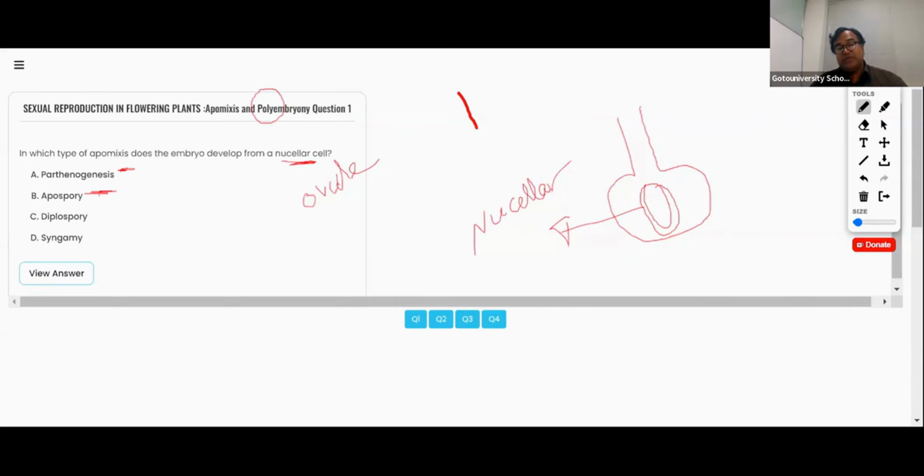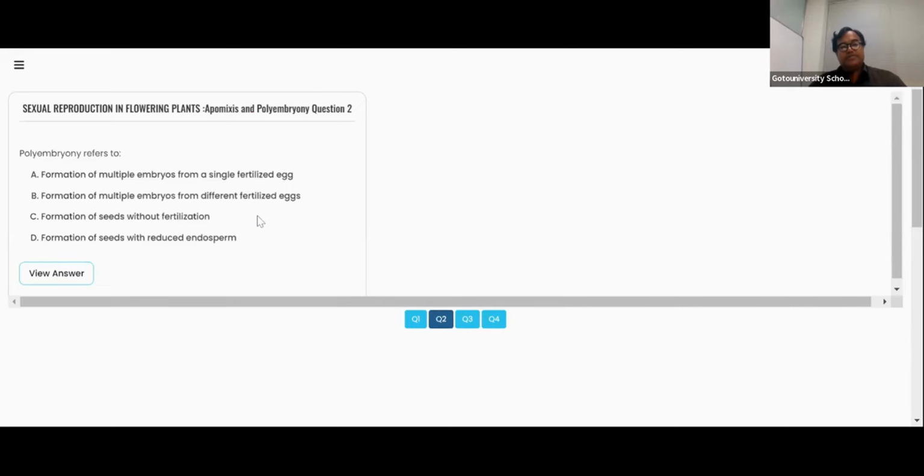Apospory denotes the embryo development from nucellar cells, right? If we go further, many questions we'll discuss in the middle of each and every session. Polyembryony refers to what?